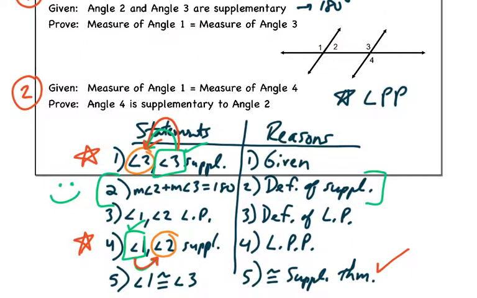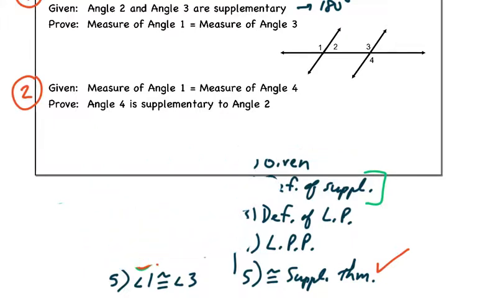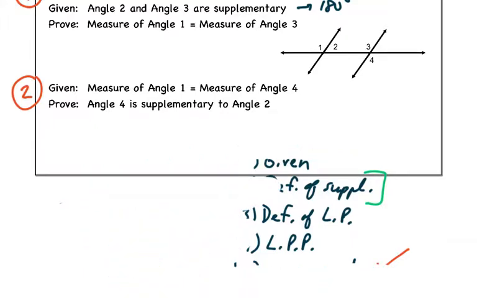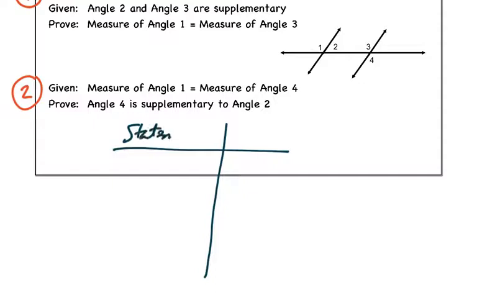So I'm going to erase everything I have here, friends. All right, if you tried proof number 2 already, let's check our steps and see how we did. This one might end up using angle 4 that we talked about before. First of all, let's set up our 2-column proof: statements, reasons. Okay.